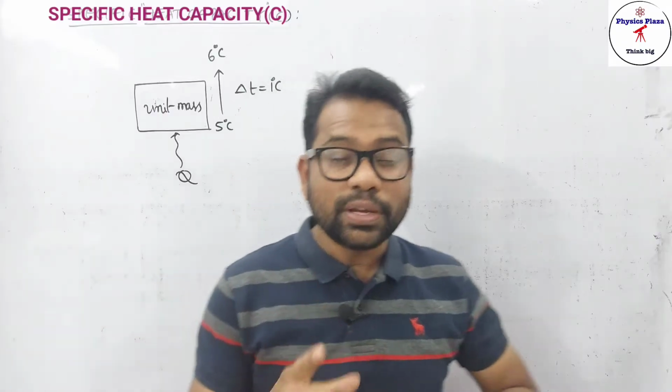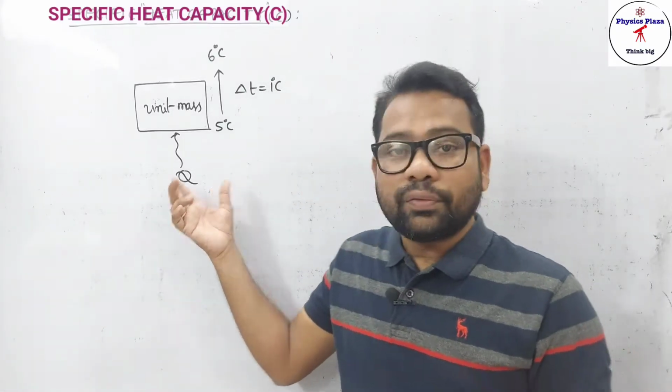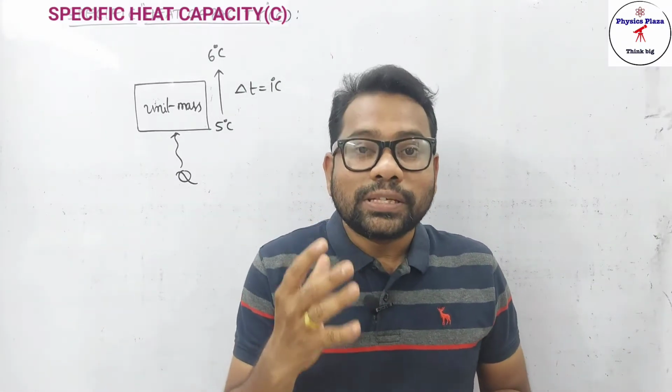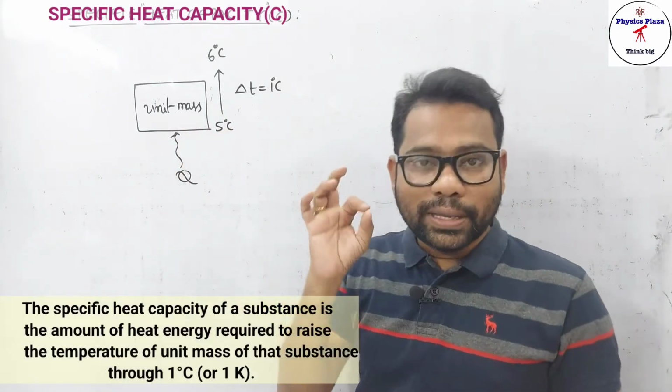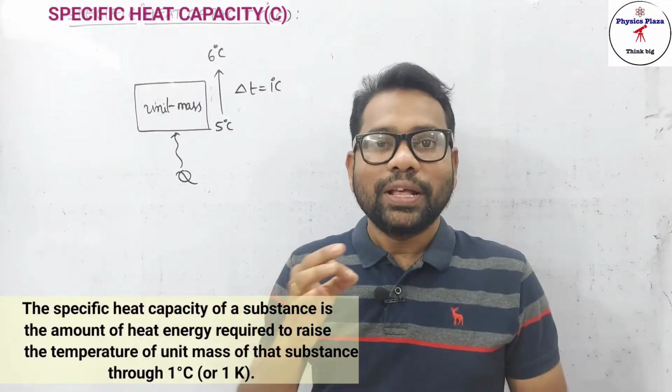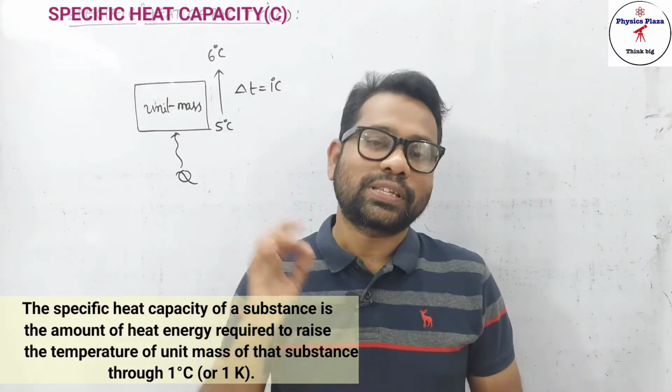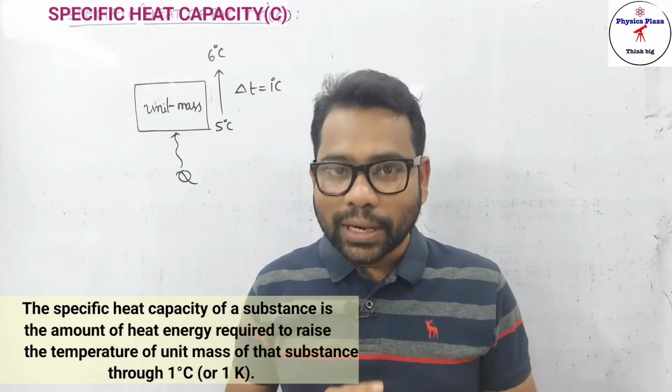Which means the amount of heat energy required to raise the temperature of unit mass of a substance by 1 degree Celsius or 1 Kelvin is called specific heat capacity. But mathematically, how to calculate?